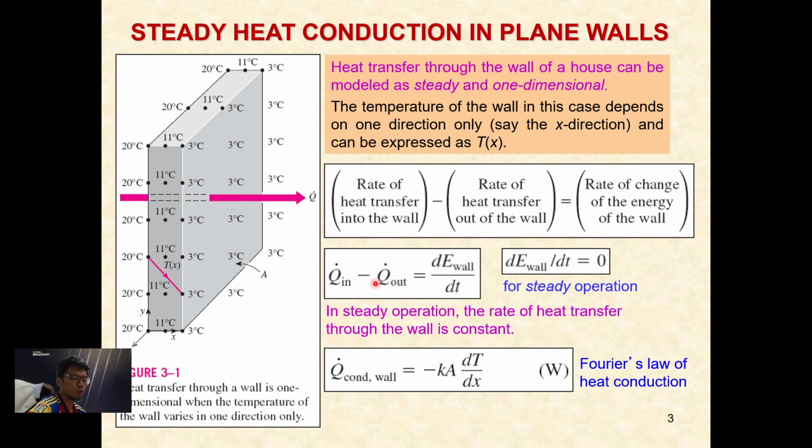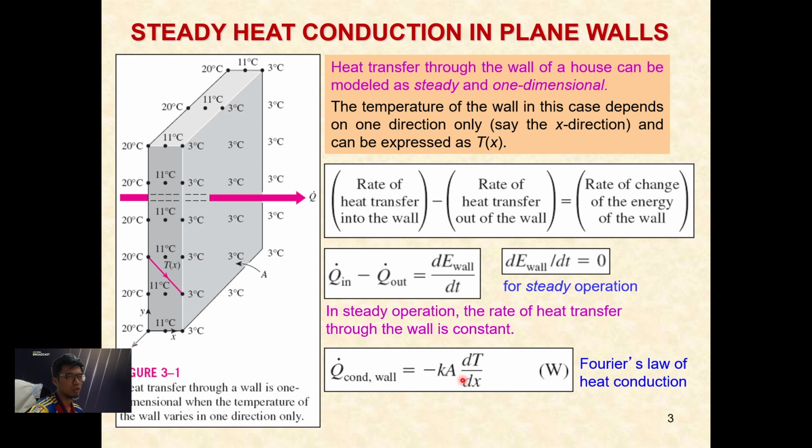We know that Q for conduction is equal to kA times dT over dx. Don't be scared of dT over dx. dT over dx here refers to the change over the thickness of the wall.